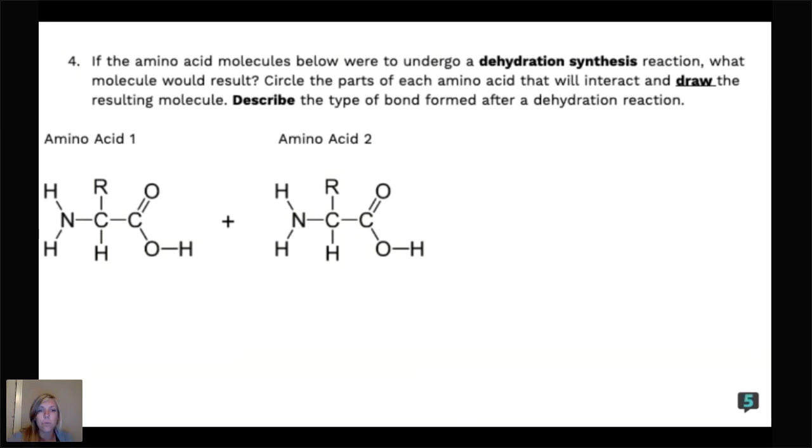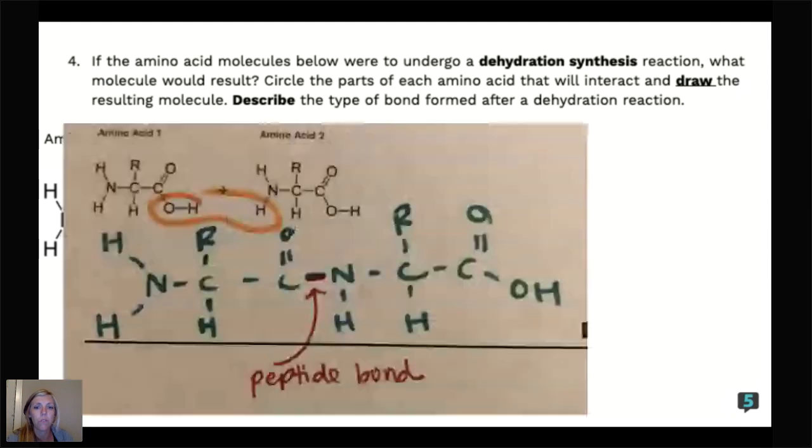So I have amino acid 1, I've got the amine group over here, the carboxyl group here, and I have my amine group here and the carboxyl group here. Ideally, if you saw something like this, I'll just show you, this is my rough sketch.